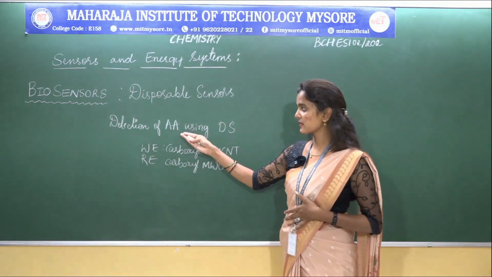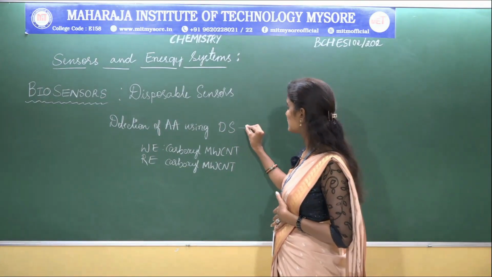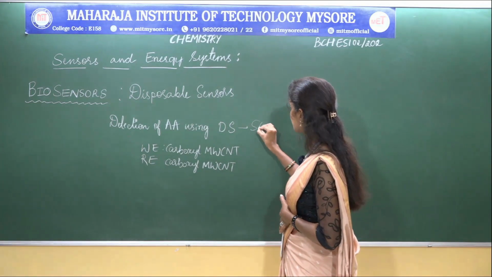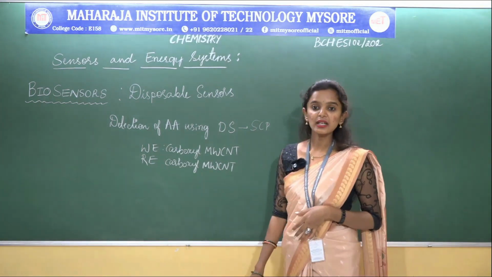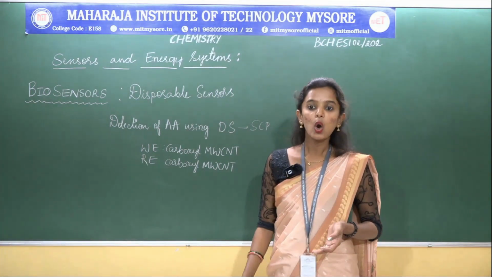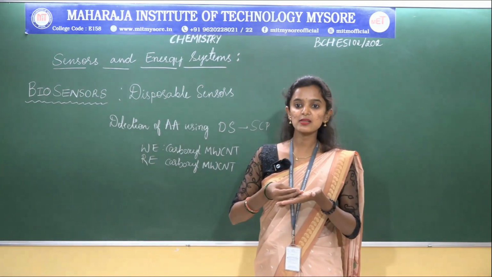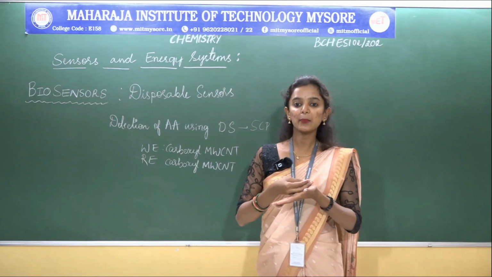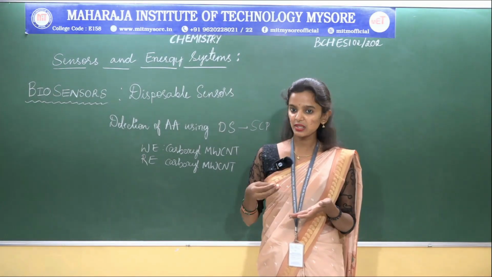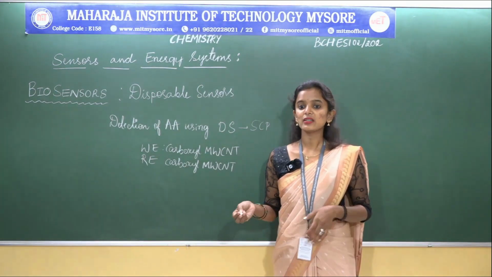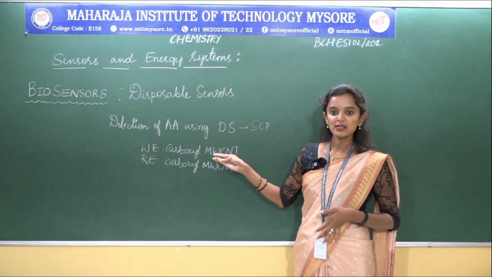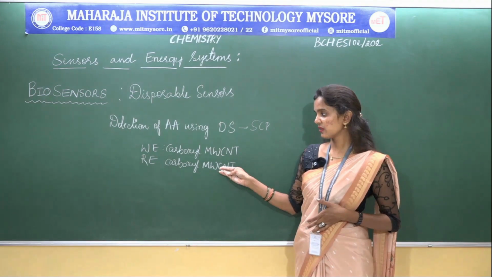This detection of ascorbic acid using a disposable sensor is done using screen printed carbon electrode sensors. On the screen printed carbon, the electrodes are printed using screen printing technology. So it consists of 3 electrodes. One is the working electrode, another is the counter electrode and the other is the reference electrode.